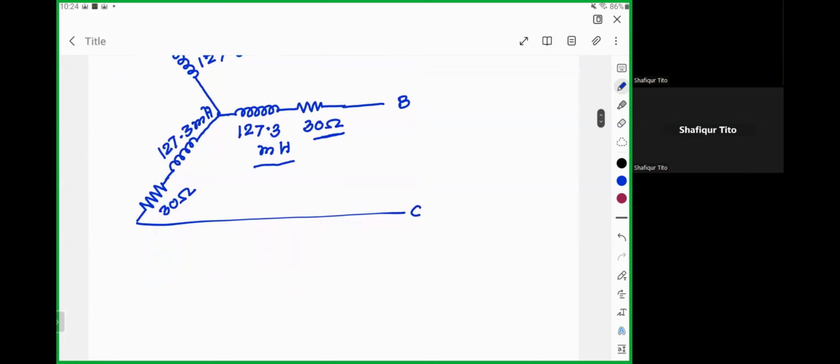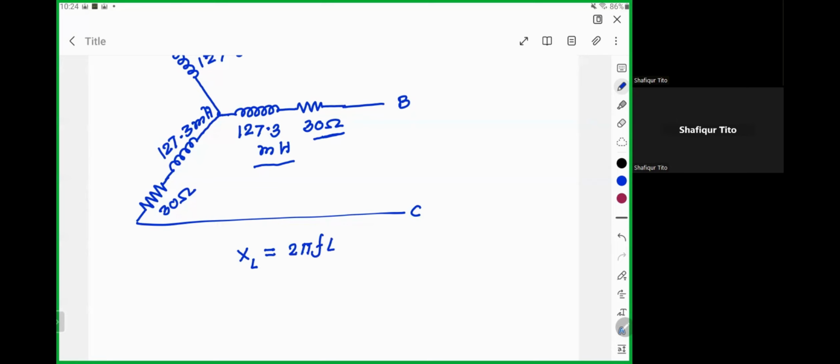So how to do that? We can do this by calculating the inductive reactance. So XL we can write down, and that will be given by, the formula is 2 pi FL.